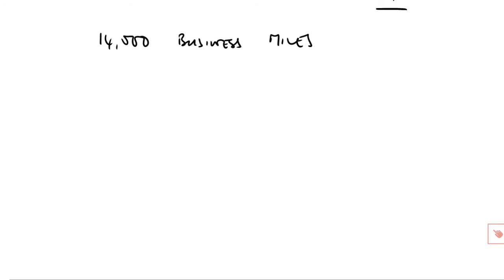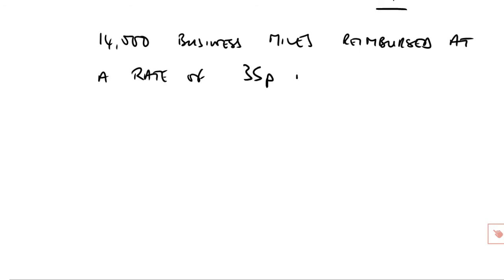And those 14,000 business miles were reimbursed at a rate of 35 pence per mile. Obviously a rate different to that which is laid down as being the approved mileage allowance payment. 14,000 business miles reimbursed at what is a standard rate of 35 pence per mile.